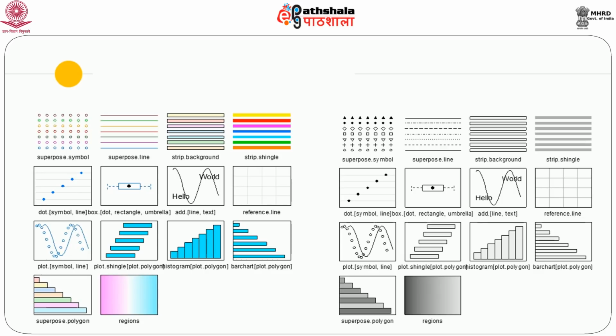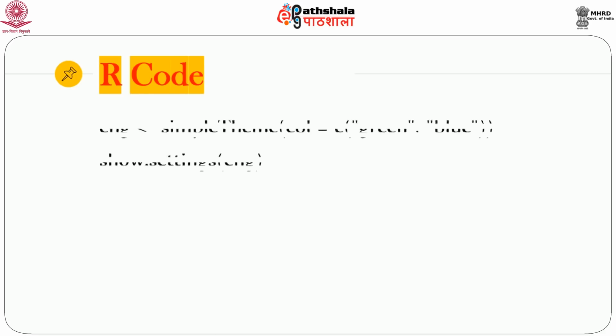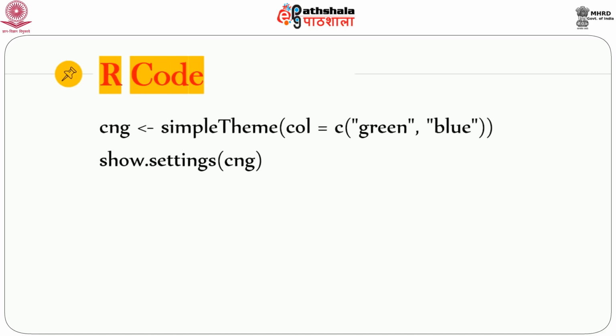So this is what the default settings are, but the question is, can we change the default setting? The answer is yes. Suppose we want to change the theme into green and blue. So here we are specifying our desired color in the COL option within the simple theme and storing it to CNG.